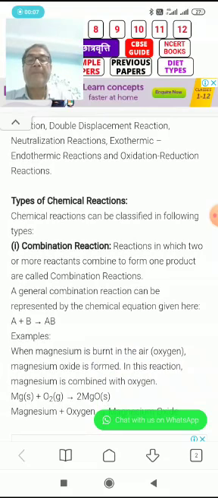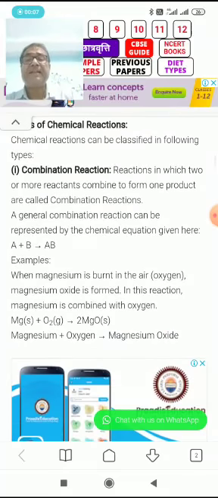Number 1, combination reaction. A reaction in which two or more substances react together to form a single substance is called a combination reaction. A general example, A plus B gives AB.